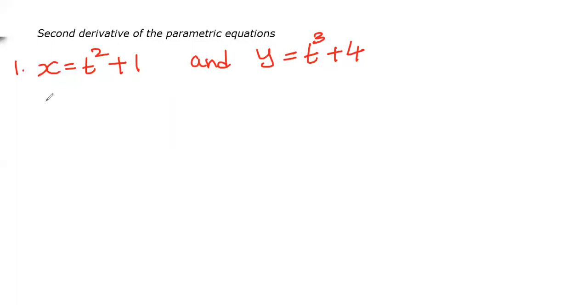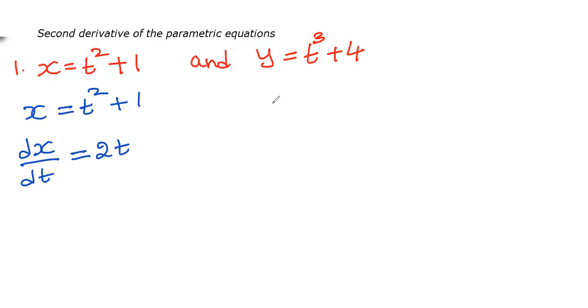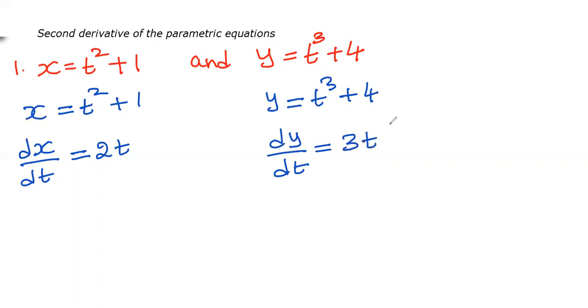So first, let us do the derivative of x with respect to t. Over here we have y is equal to t cubed plus 4, so we have dy over dt is equal to 3t squared.